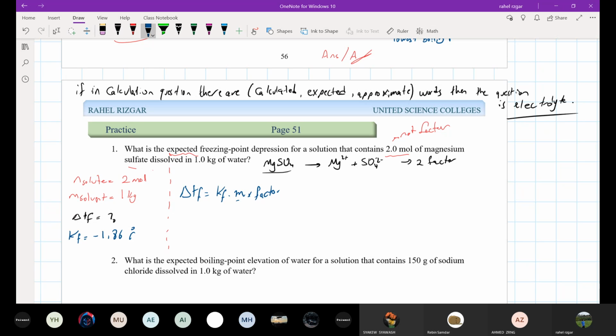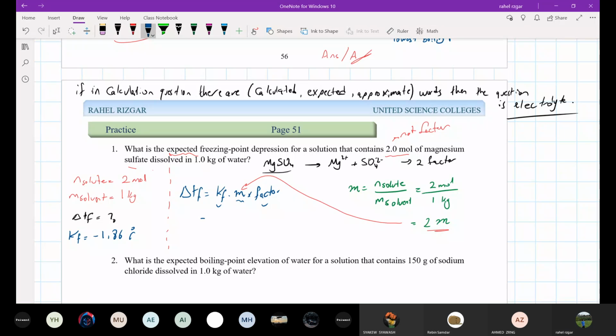The only thing we have to find is molality, since Kf and the factor are known. Molality is equal to moles of solute, given, over mass of solvent, also given. So 2 mole over mass of solvent 1 kilogram is equal to 2 molal.